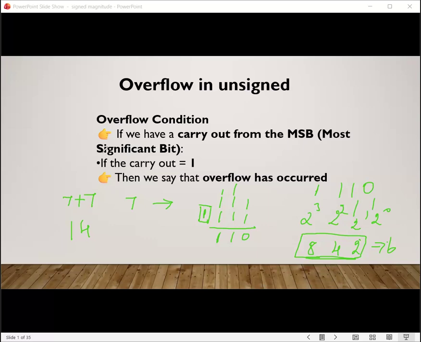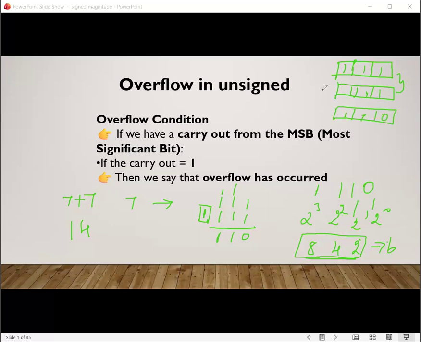Suppose we have a 3-bit register holding 7, 111, and another 3-bit register, 111. Both are operand registers, and we have a result register, also 3-bit.